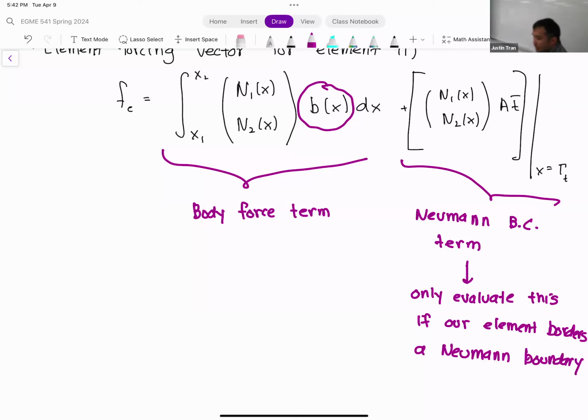In 1D, you're only going to have one element that borders the Neumann boundary, so you're not going to evaluate that term for every single element.